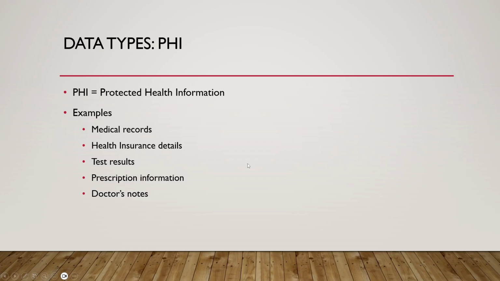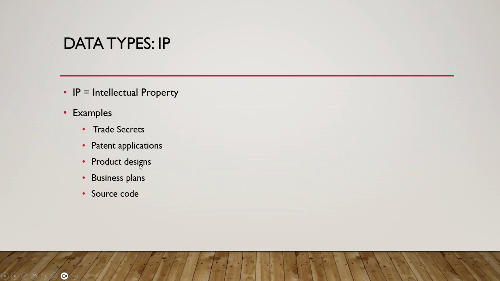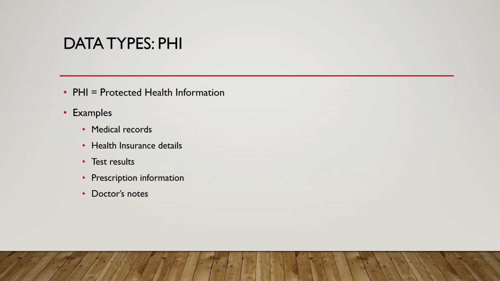The next type is going to be protected health information. Protected health information refers to anything that's health related, and it could be tied to the identity of an individual. PHI itself is definitely regulated. It's regulated by regulations like HIPAA, which is the Health Insurance Portability and Accountability Act.